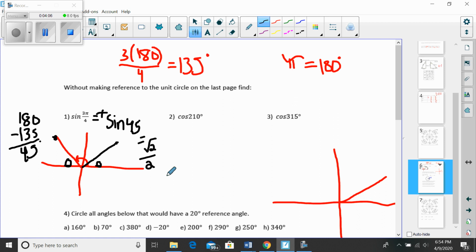All right, so next example, I want to find cosine of 210 degrees. So again, draw it. And it's going to take me down here into this third quadrant.